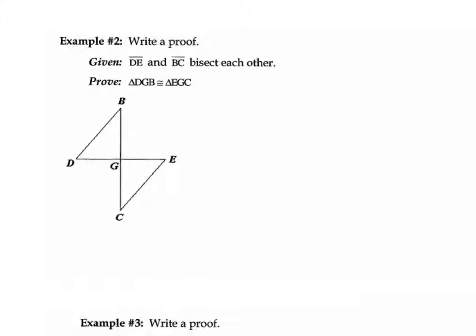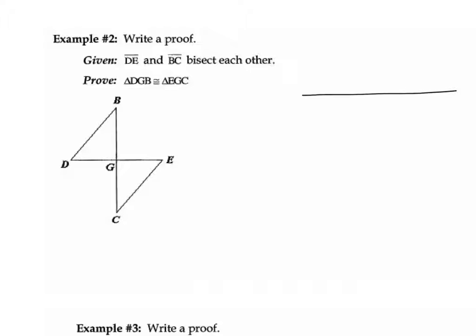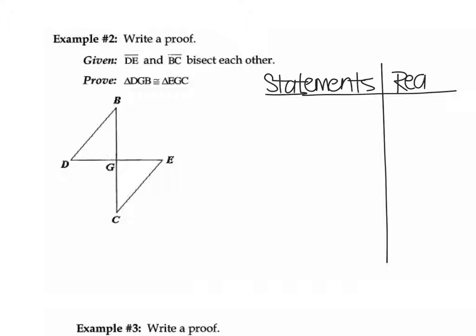So in our second example, we are given that DE and BC bisect each other, and we want to prove triangle DGB is congruent to triangle EGC. Set up our two columns, our statements and reasons.